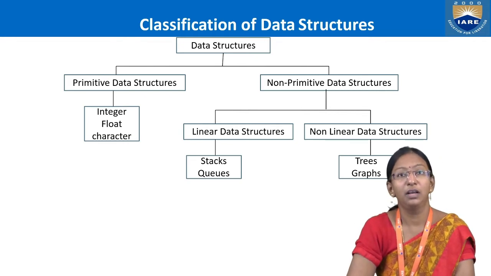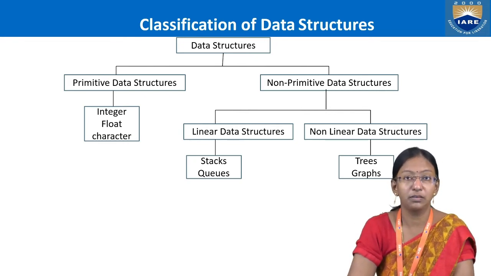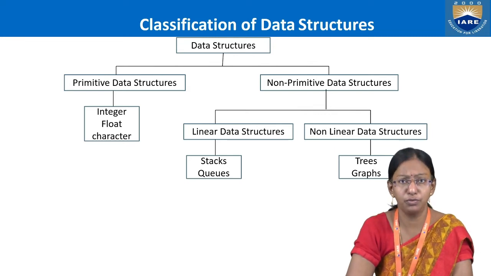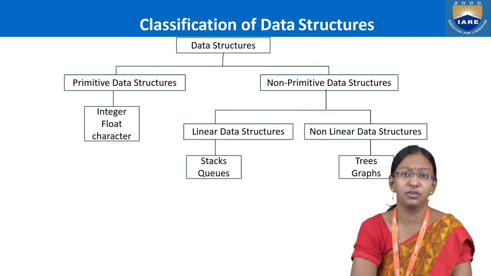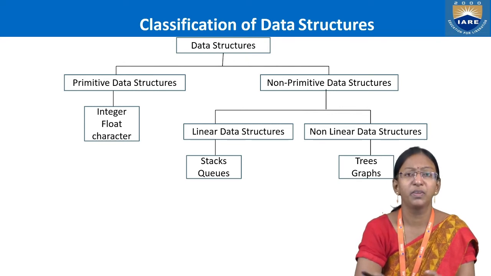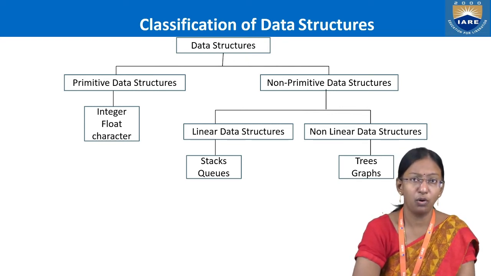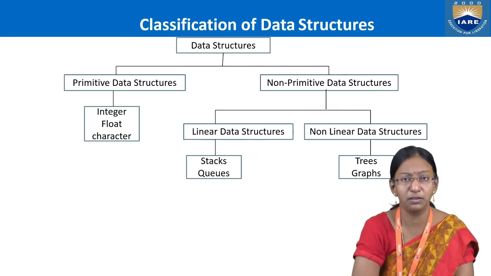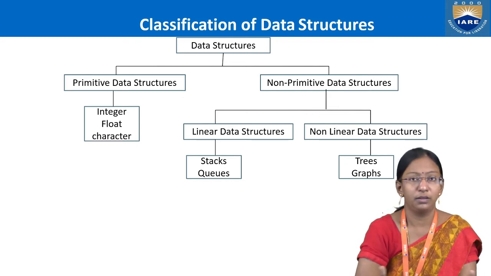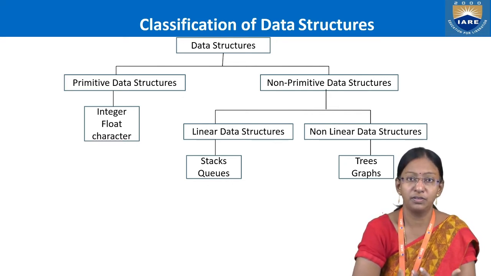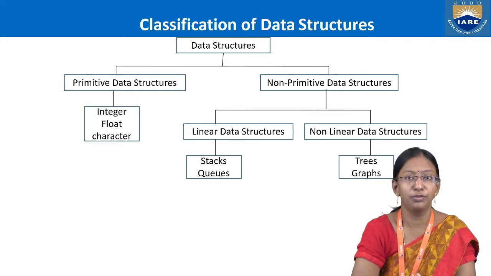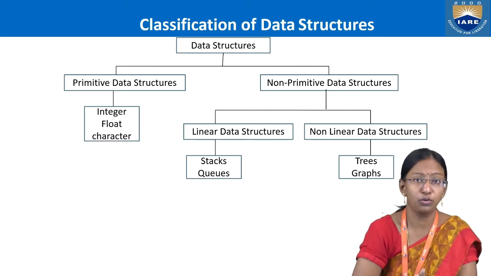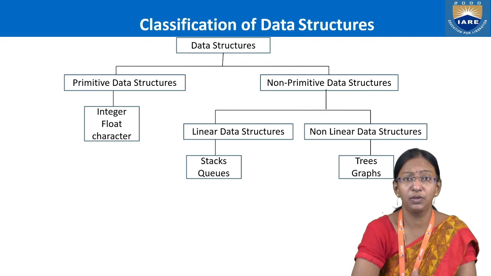So as you can see, data structures can be classified broadly into two different categories: primitive data structures and non-primitive data structures. Primitive data structures are the building blocks, like integer, float, and character, which are already defined in the system, along with basic information like their reserved word, the keyword with which they will be called, and the number of bytes they use. Non-primitive data structures stand on the shoulders of primitive data structures.